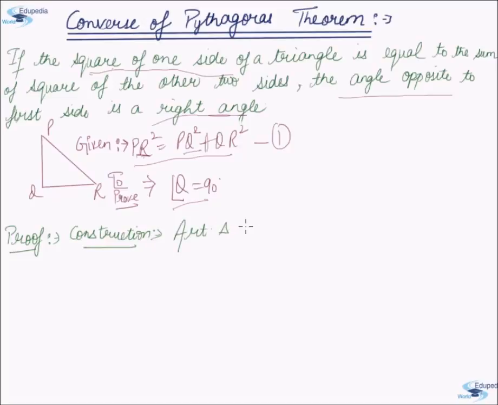Construct a right triangle STU, right angled at T, such that the side ST is equal to PQ and TU is equal to QR. Let us construct this triangle.